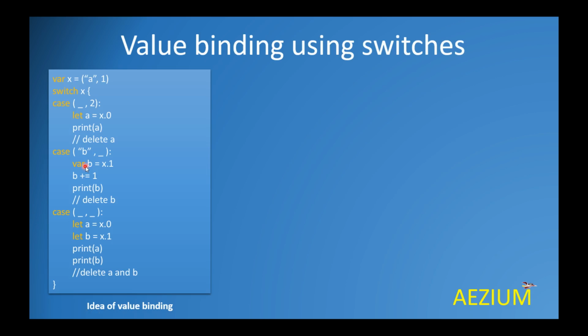temporary variable and call it b and set it equal to the second element of our switch parameter. We use that variable within the body of this case and delete it at the end because it is temporary.